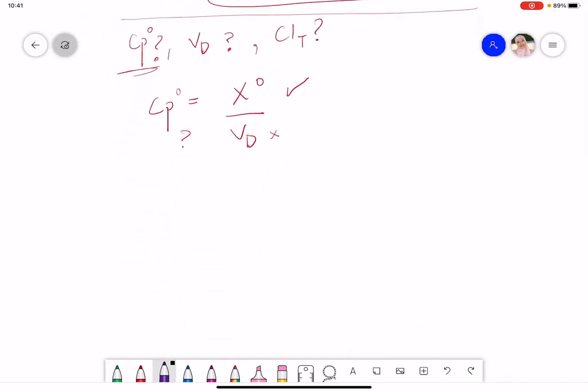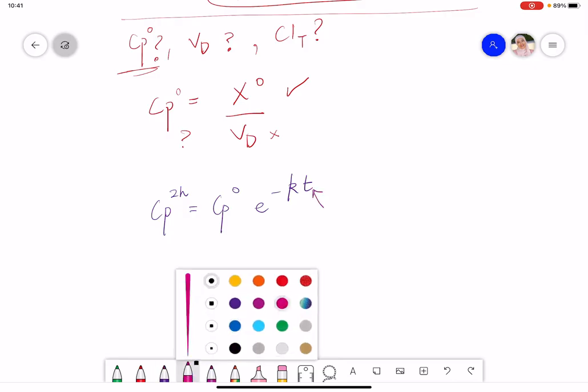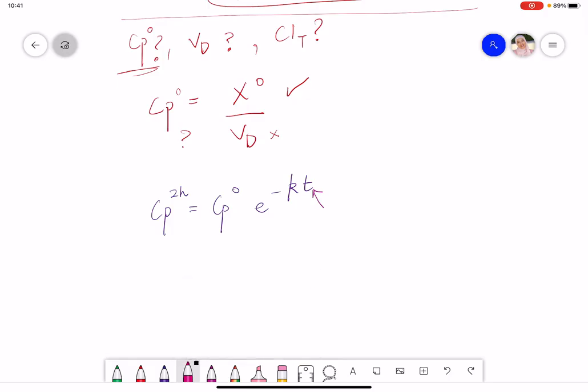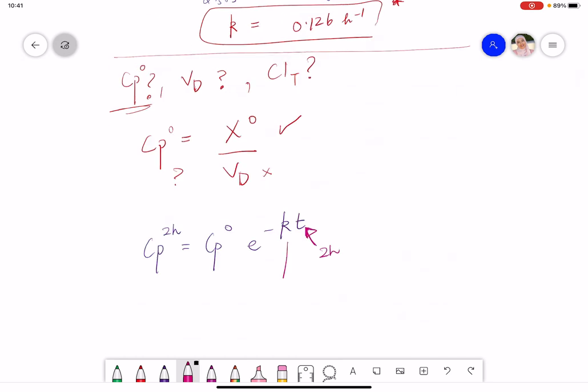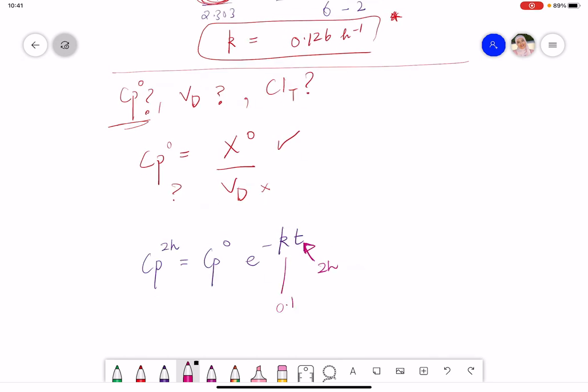So let's use the 2 hours equation. CB at 2 hours equals CB node e to the minus K times 2 hours. We already had K, which is 0.126 hour minus 1.